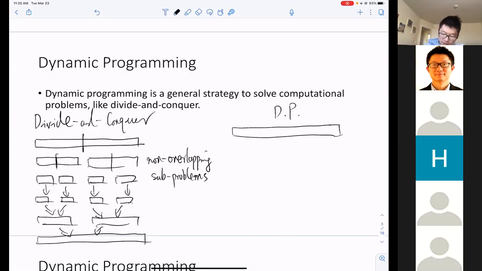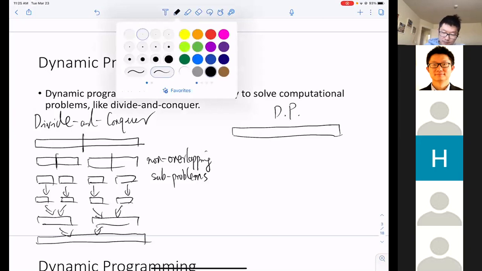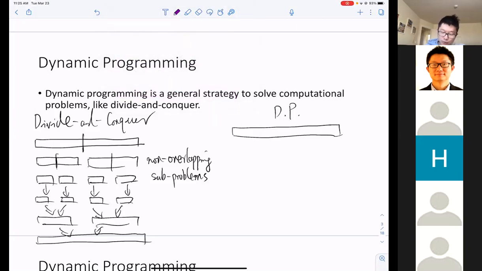But here, when we divide this big problem into sub problems, say we divide it in this way.